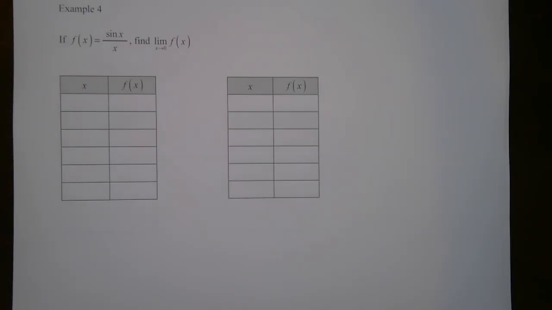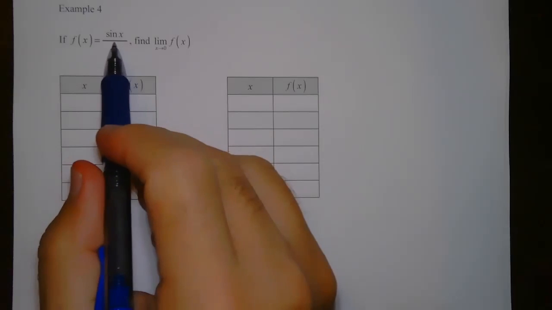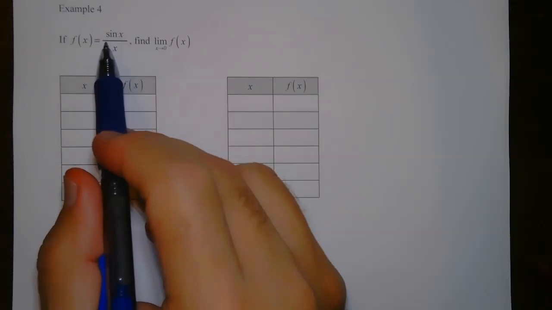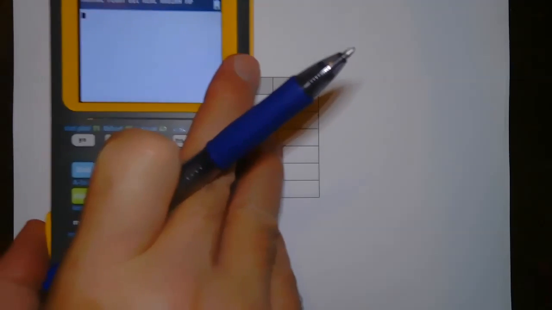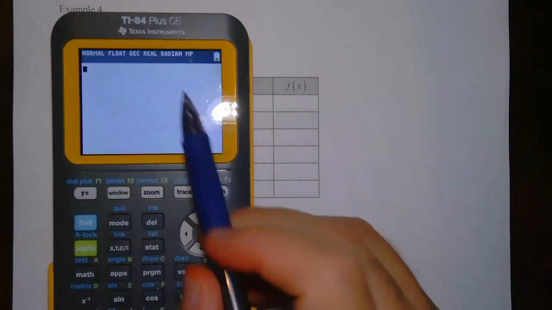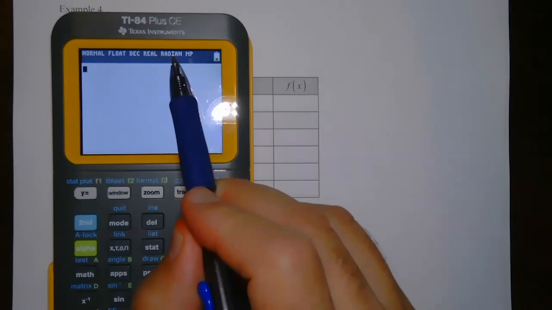All right, so something I want to point out is in calculus, we want to make sure our graphing calculators, when we're dealing with trig functions, are in radians, okay? So when you have your graphing calculator, I have mine up right now, you want to look at this and make sure at the top it says radians.